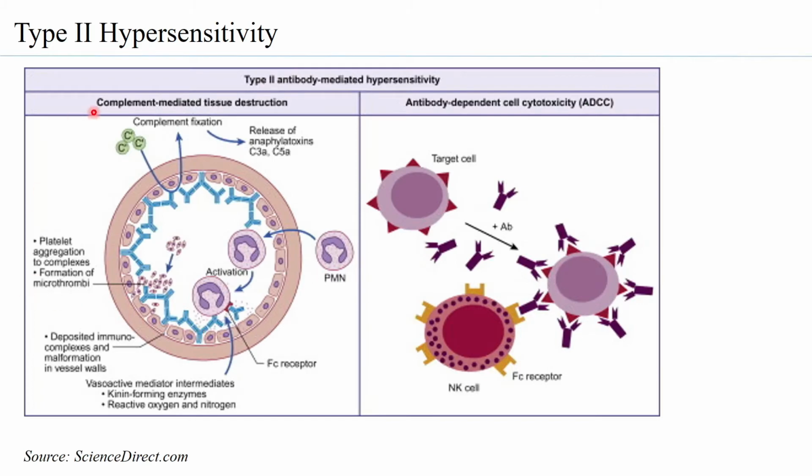Now, what one understands by an immune reaction in type 2 hypersensitivity is because of two main ways. One is that the tissue destruction can be complement mediated, and the other is that it can be through antibody dependent cell cytotoxicity.